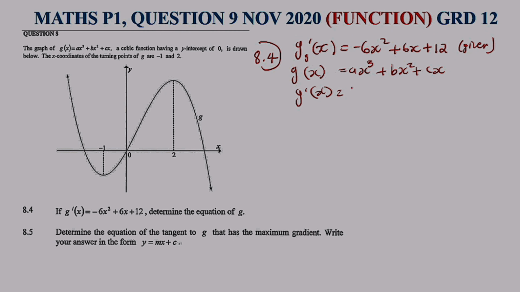Here, 3 comes down, 3a, and therefore x squared, minus 1, plus 2b, therefore you say x, the derivative there, plus c. So once you are here, it's g of x and g of x.